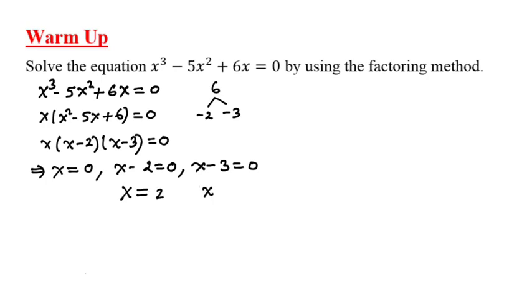And from the third we get x equal to 3. Since this is a cubic equation, we obtain 3 values of x, and these 3 values are 0, 2, and 3. So that is the end of the first type of equation, that is solving equation by the factoring method.